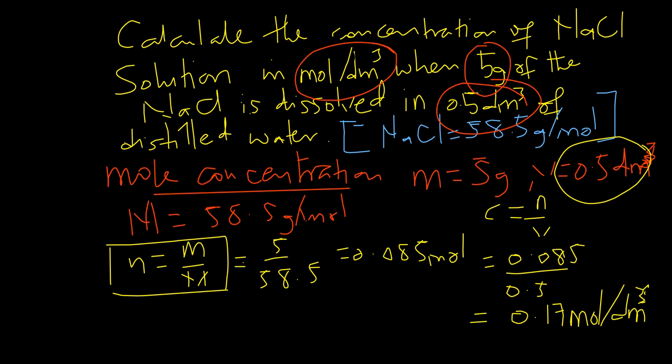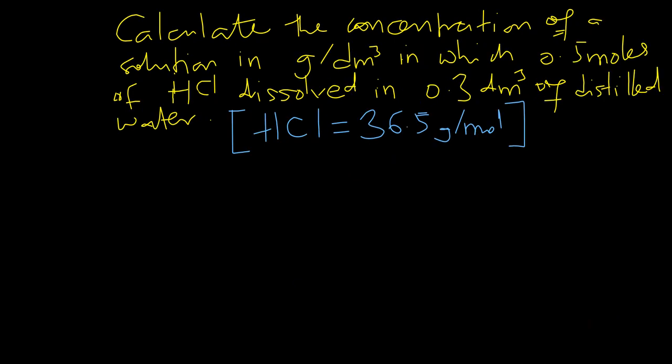In this next question, we are asked to calculate the concentration in gram per dm cube. So what kind of concentration are we calculating? We are calculating the mass concentration. The mole has been given to us, 0.5, and the volume is 0.3.